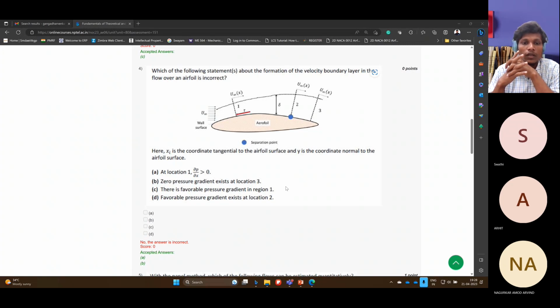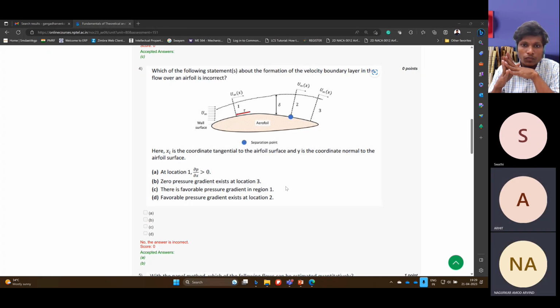I have a confusion about this all the time. What we stated is that for a favorable pressure gradient, dou P by dou X should be negative, less than 0. For unfavorable, it is equal to or greater than 0.